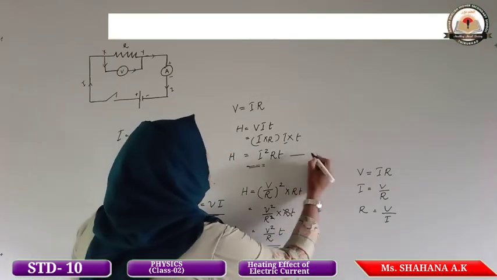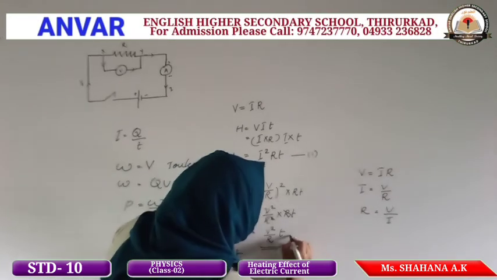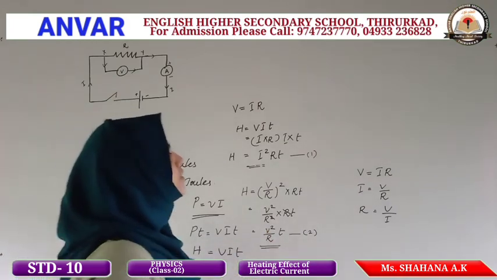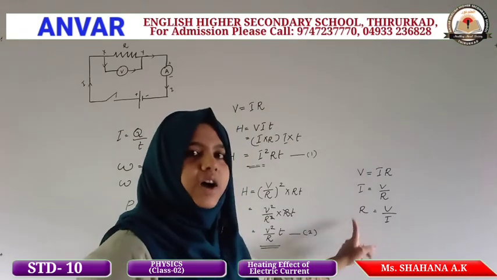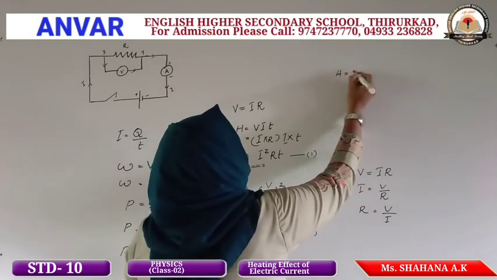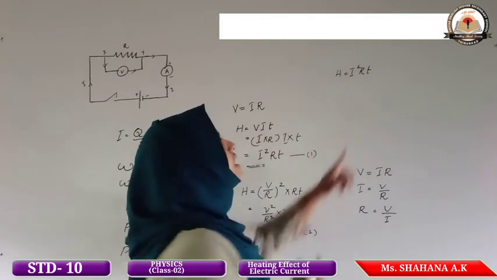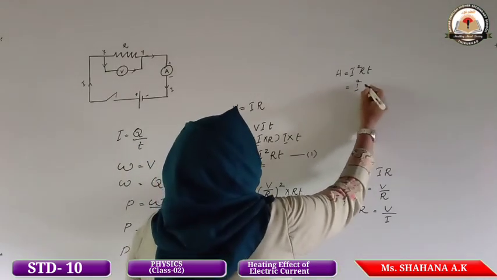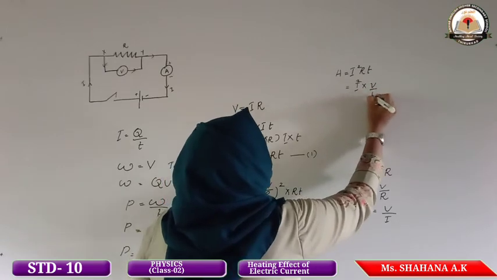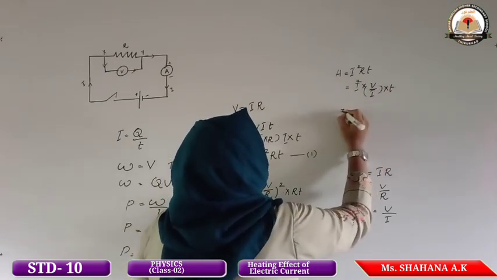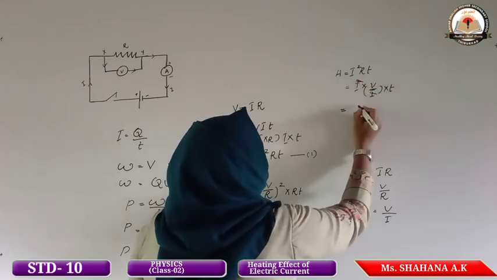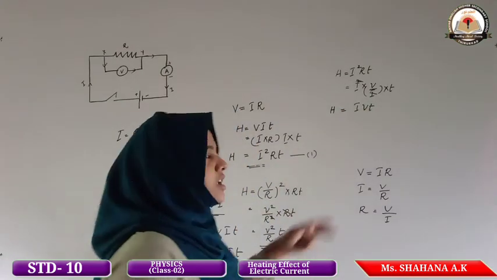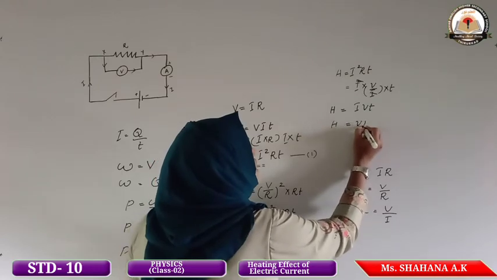So this is the first equation, H is equal to I square RT, and the second one is H is equal to V square by R into T. For the third one, we are using the value of R. From the equation H is equal to I square RT, instead of R we apply R is equal to V by I. So I square into V by I into T. Cancelling both the I's, the equation becomes H is equal to IVT, or H is equal to VIT.